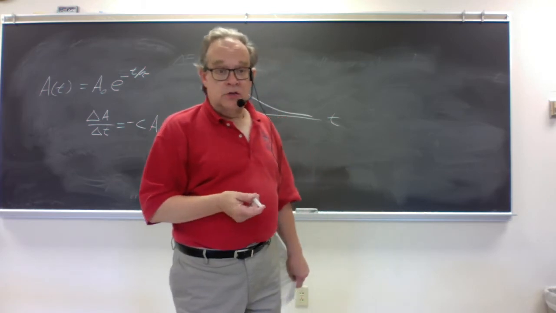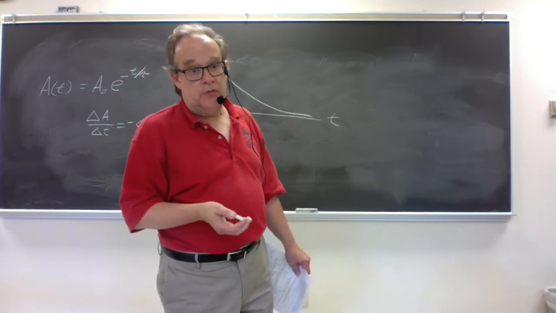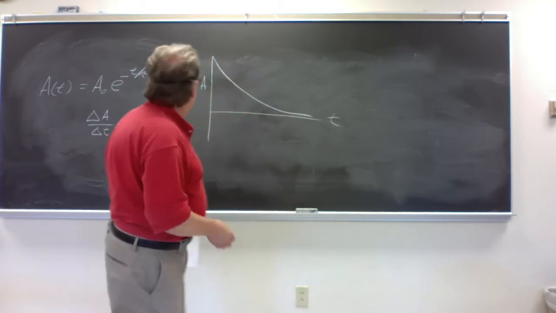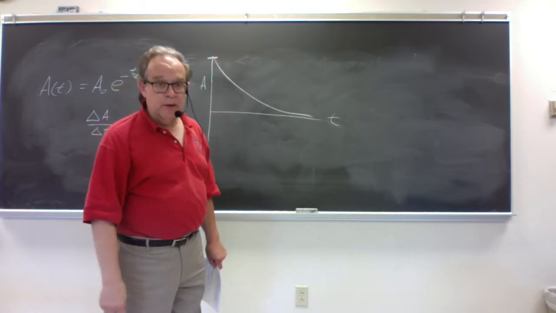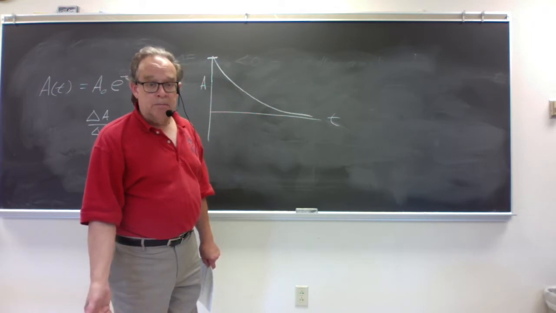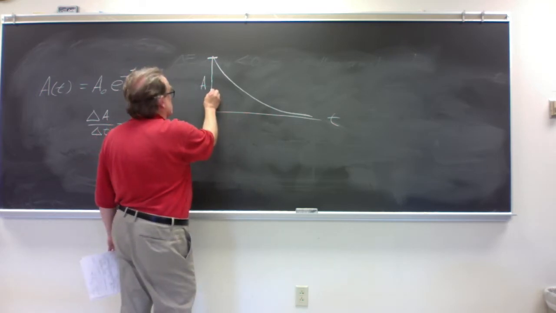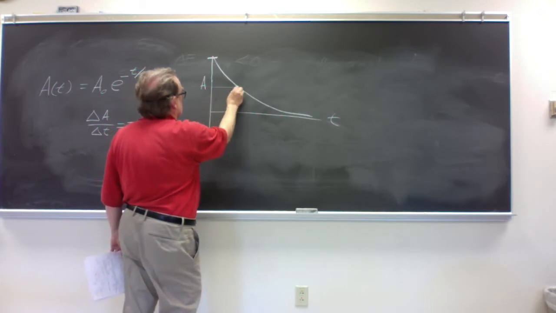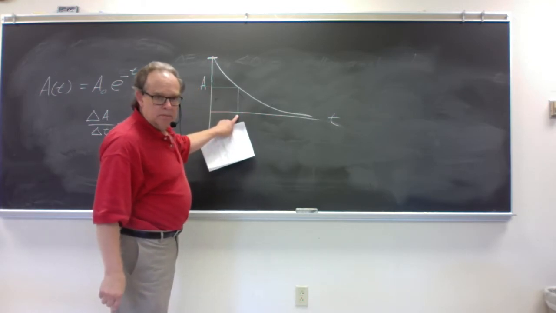In the context of radiation, we call that a half-life. You could call it a half-life here. So here's the original value of the amplitude, and then at some time, the amplitude will have half that value. Here's half the value about here. And that happens at this time.